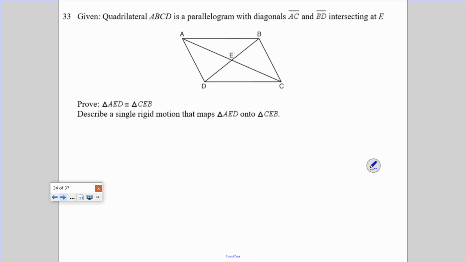You better know how to prove the triangles given a parallelogram. There's 6 things you can do. All you have to do is 3. Whenever you're proving triangles are congruent, you have to prove 3 things. You want to prove AED and CEB. I don't know how much space I'm going to have here.